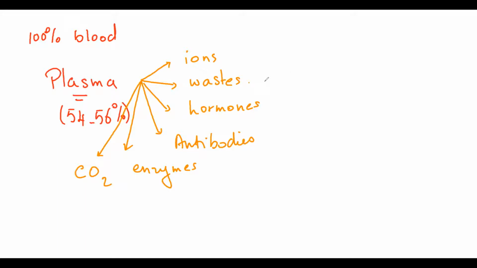I'd like here to mention one of the very important wastes, which is urea, because this is the most toxic kind of waste, and it is carried by the plasma, of course, in order to be released out of the body by the kidneys. Also, there is a very important component, which is the plasma proteins or the blood proteins.